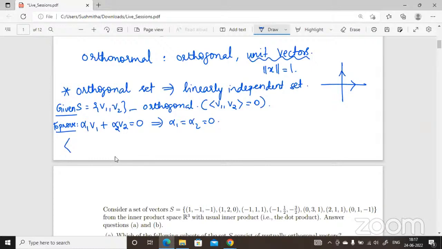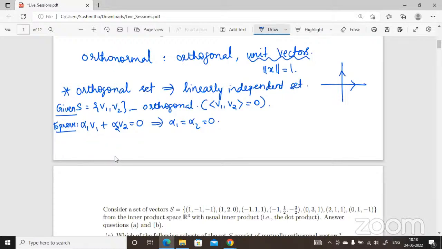So I'm taking the inner product of alpha 1 v1 plus alpha 2 v2 with v1. What is this vector alpha 1 v1 plus alpha 2 v2? It is 0, right? I have assumed that. I want to show alpha 1 and alpha 2 are equal to 0.